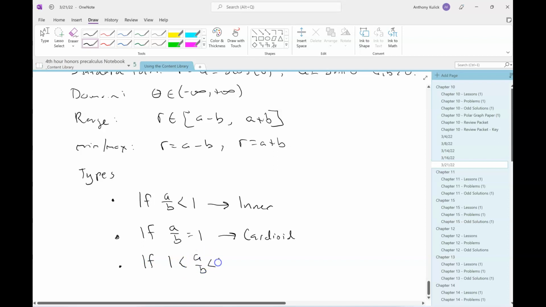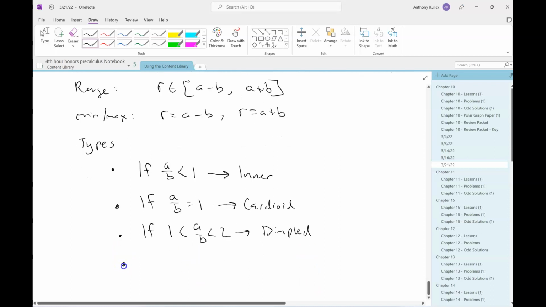If a over b is between 1 and 2, this is called a dimpled. I think it looks a lot like the cardioid, but the crack isn't quite as deep. And then if a over b is greater than or equal to 2, this is convex. Basically, it means it looks like a circle.